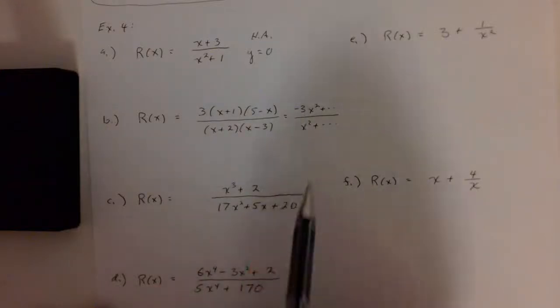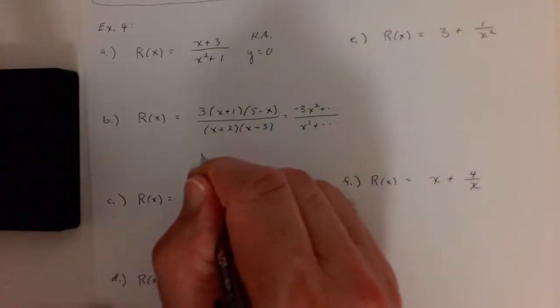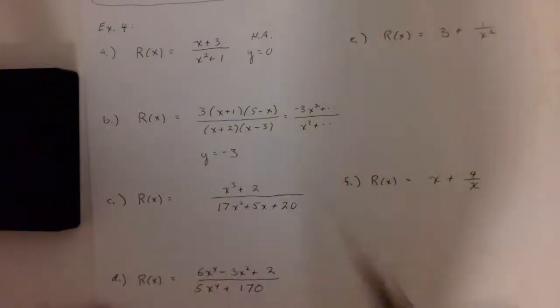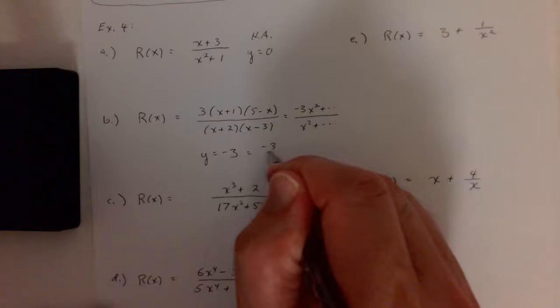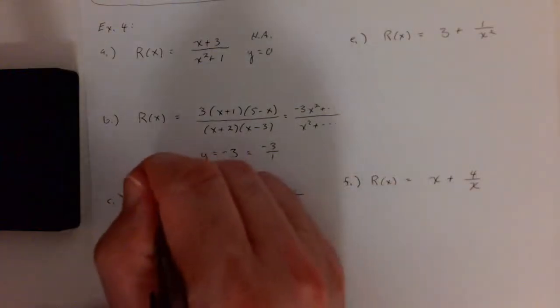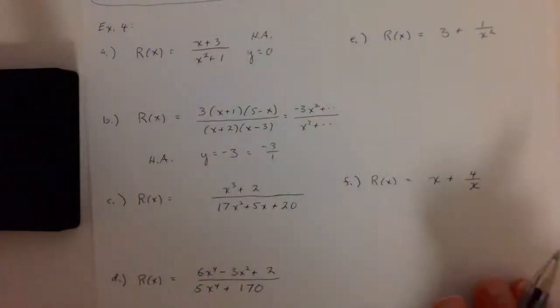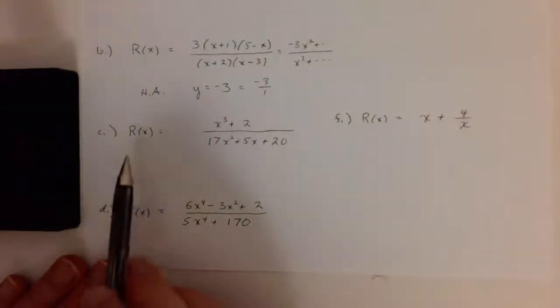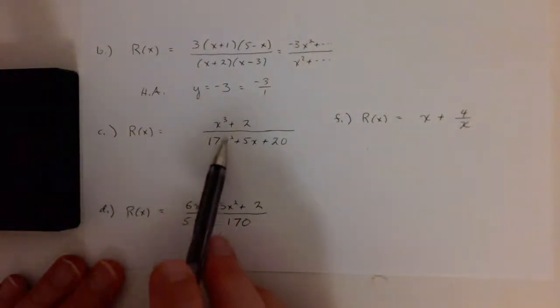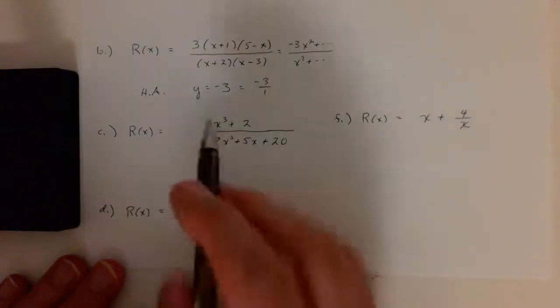Down here it's 1. So y equals negative 3 is the horizontal asymptote, which is the same thing as negative 3 over 1. Part C, we see here the degree is 3. This degree here is 2. So there's no horizontal asymptote.